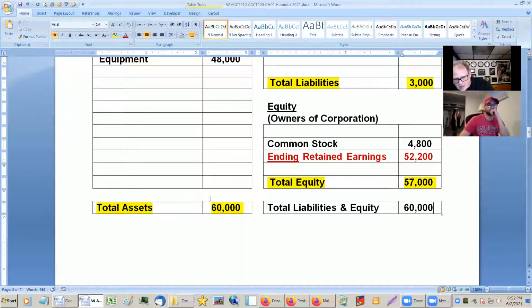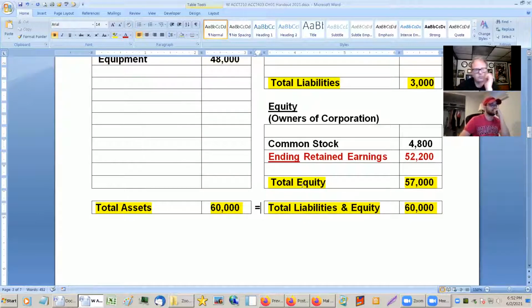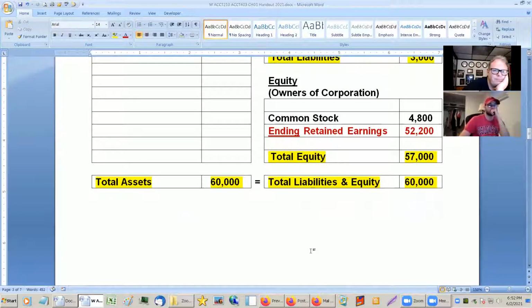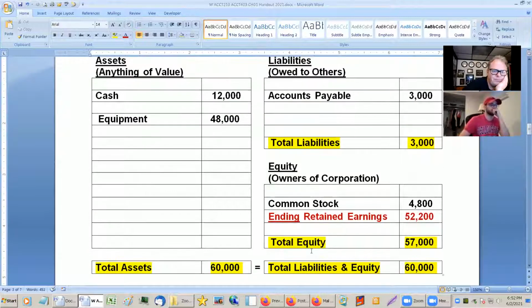And you can see that they balance. So the two sides will equal. That's what they call the balance sheet.